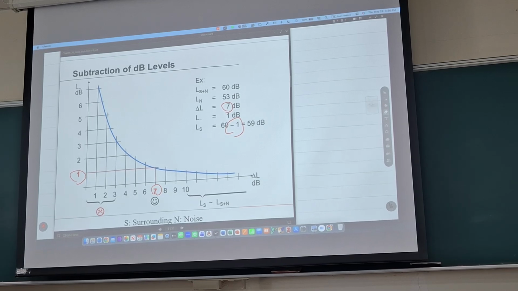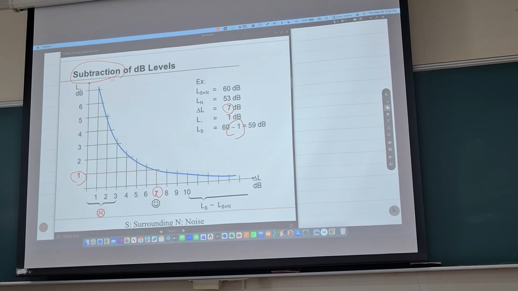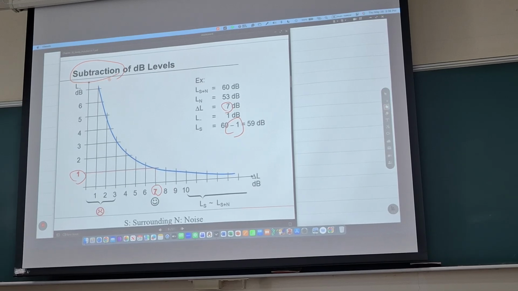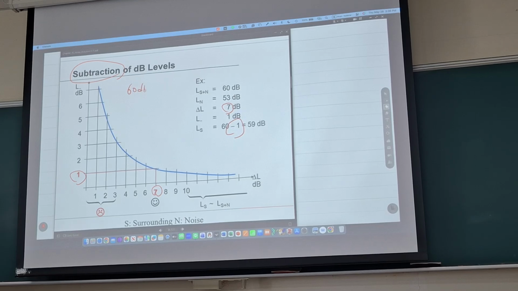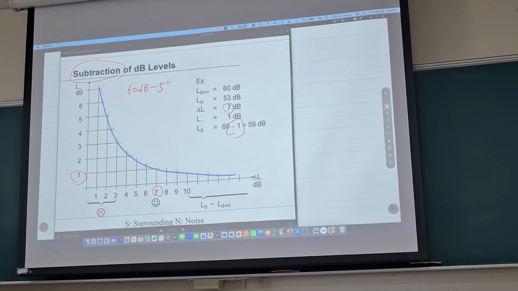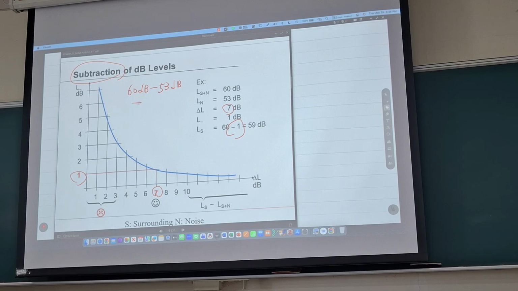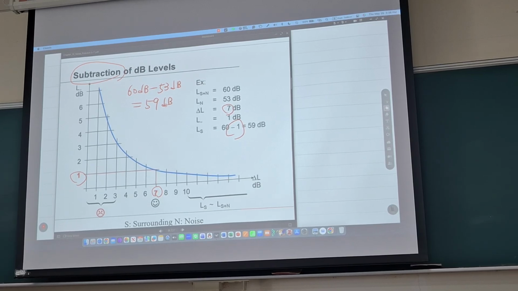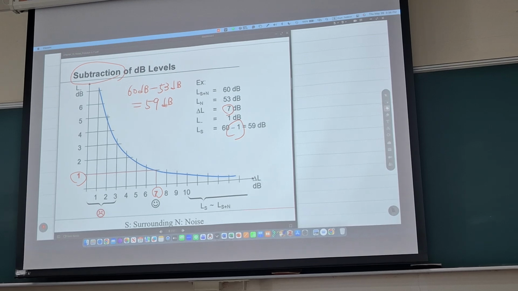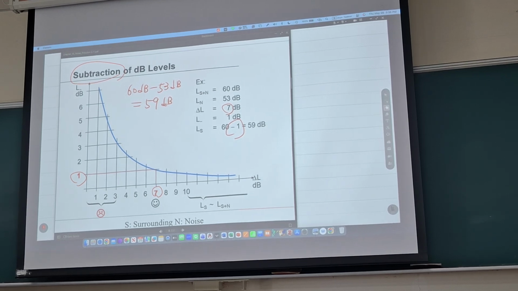So not just addition, we can also do subtraction. So 60 dB minus 53 dB becomes 59 dB. Understand?